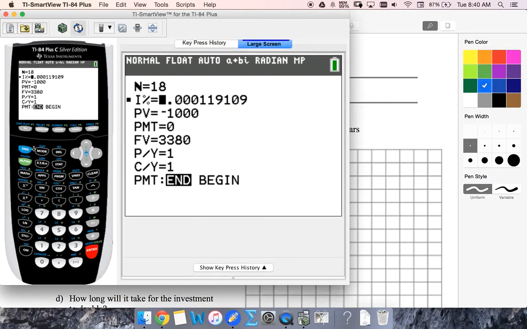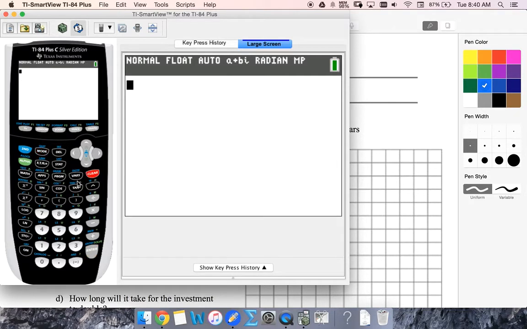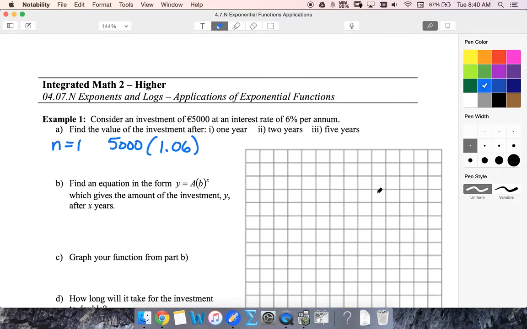So after 1 year, we've got 5,000 times 1.06, 5,300. And I could have thought about that as well: 6% of 5,000 is 300, so add it and I get 5,300.